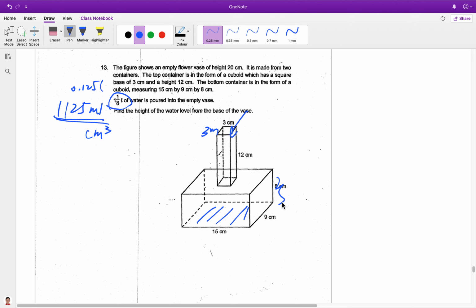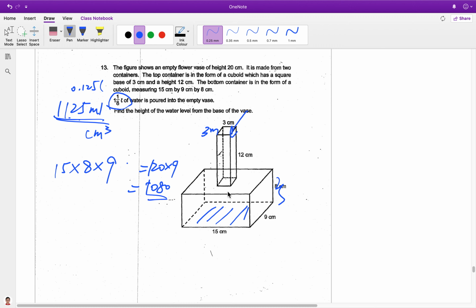We want to find the volume of the bottom first. So this one is 15 times 8 times 9. We want to check first whether we will fill this container. This gives 1080.